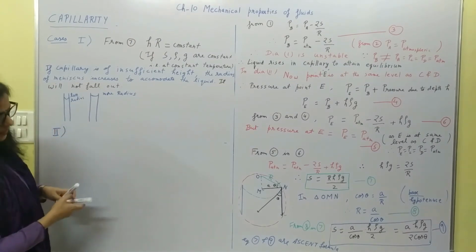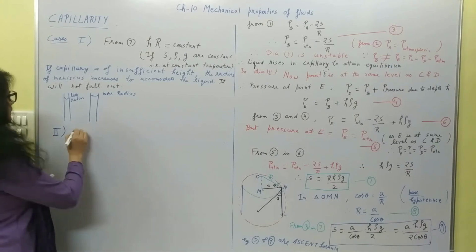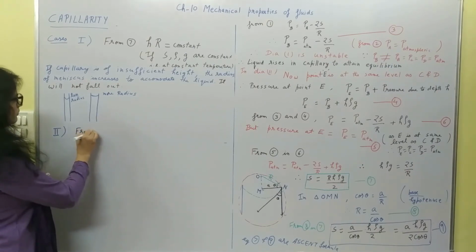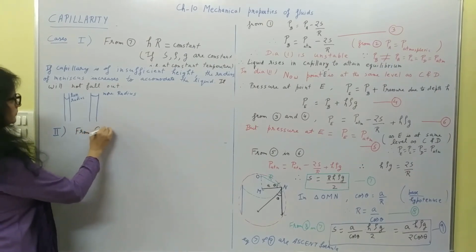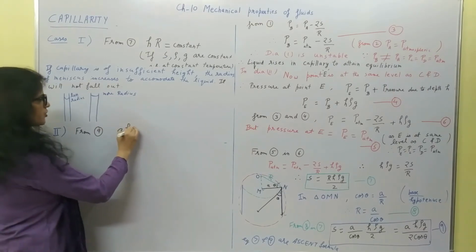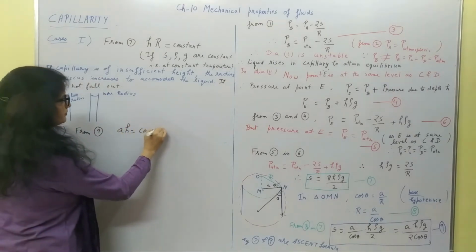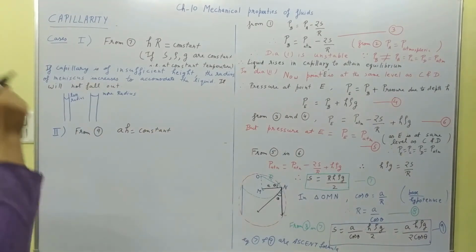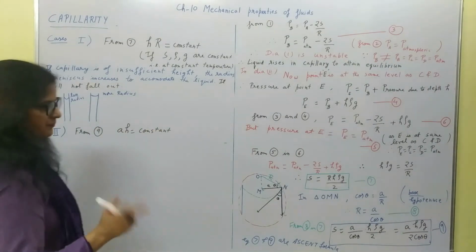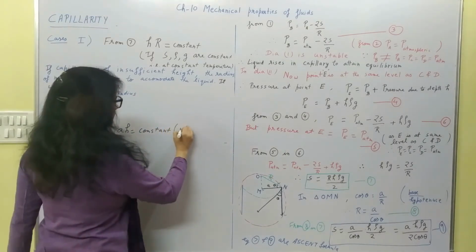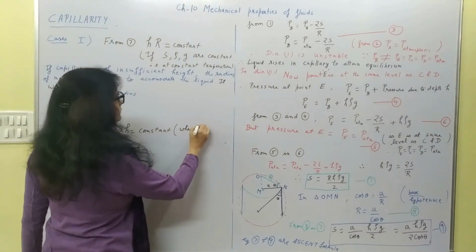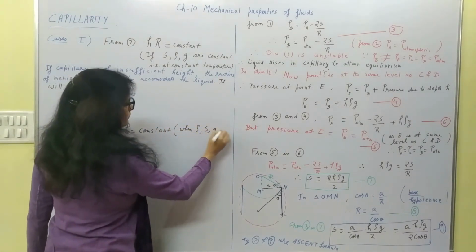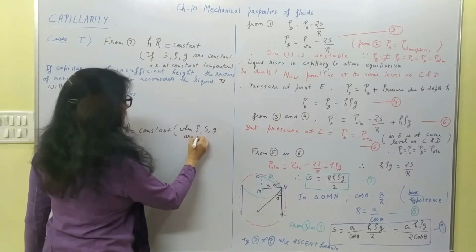So from equation 9, A into H is equal to constant when the density, surface tension and G are constant, like before.